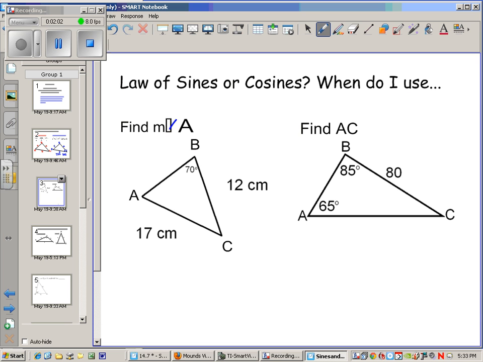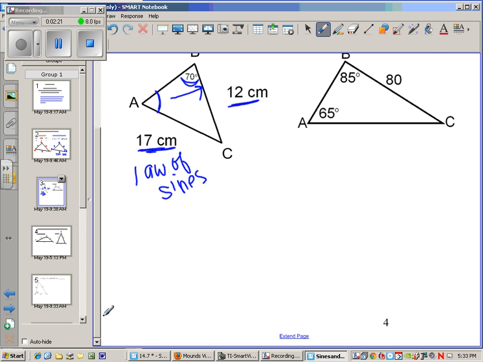So let's start by looking at when we should use sine. I look at this and it wants me to find angle A. So I look and here's angle A, and I look directly across. I see that its opposite side is given. And I also see that I know angle B and its opposite side. So I should be thinking law of sines.